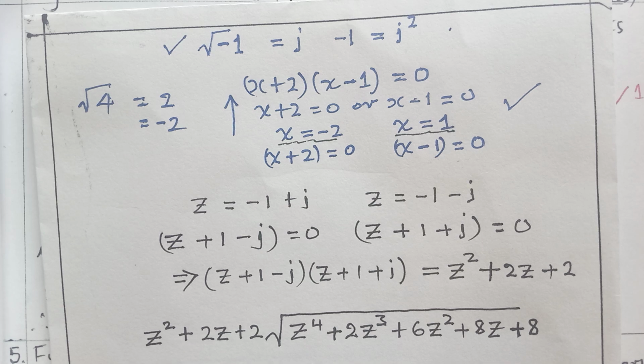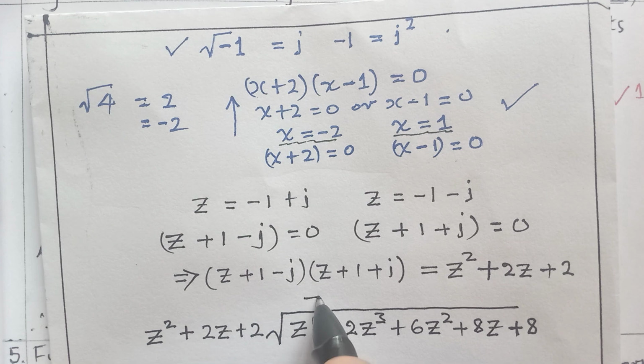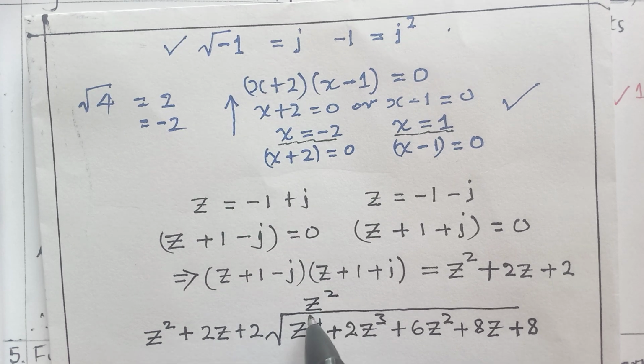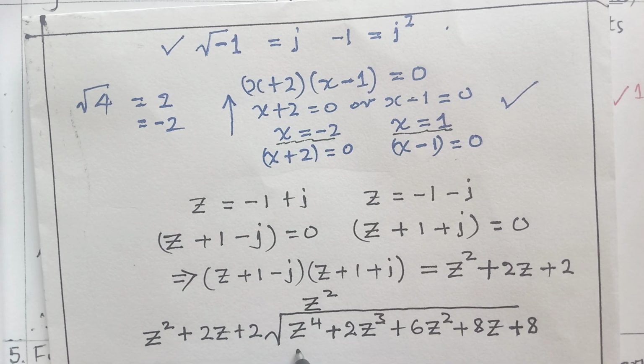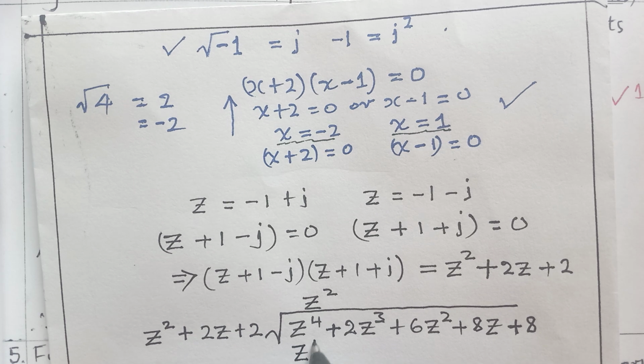Of course, it is going to come out as one factor here with z squared, because it has to have z squared so that when you multiply you get something like that first. So what do we put here? We put z squared, so that if you multiply by that, here you get z raised to 4.